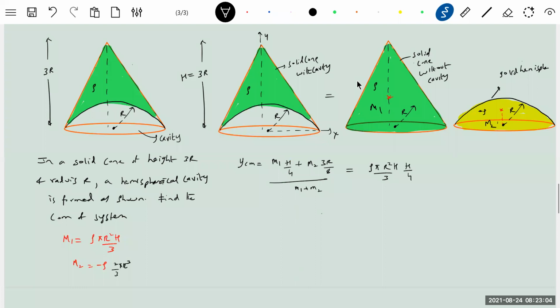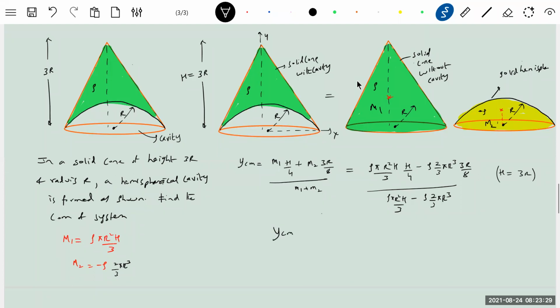This is h by 4. m2 is minus rho, r cube, 3r by 8. m1 is rho pi r square h by 3 minus rho 2 by 3 pi r cube. What is h? h is given, no? 3r. Substitute and solve it.